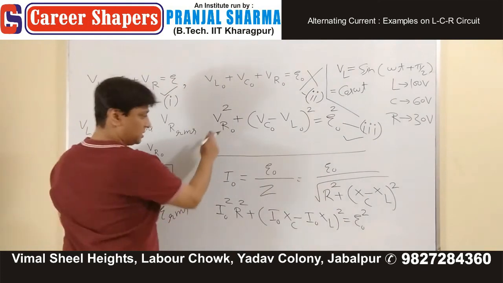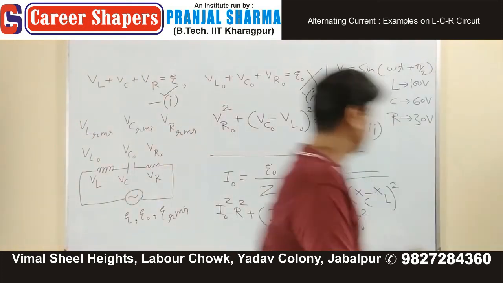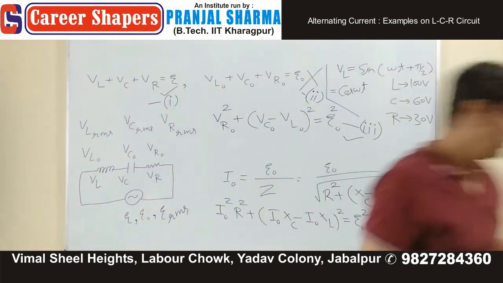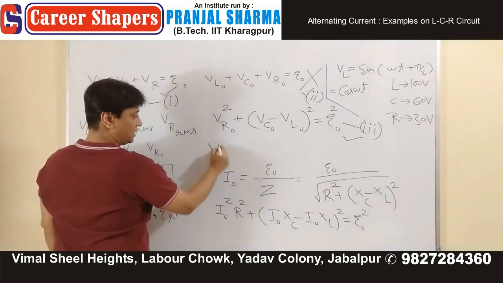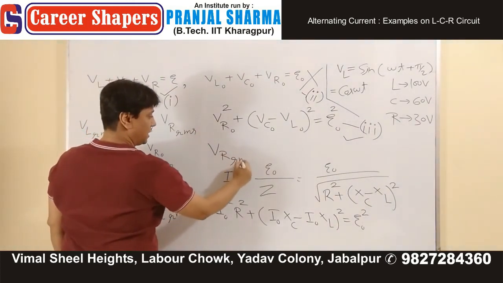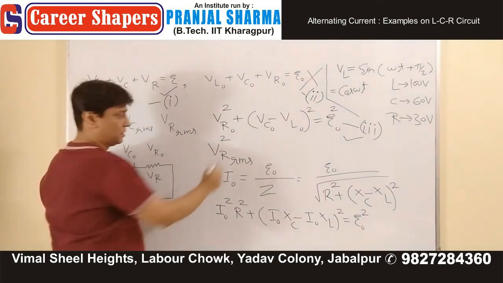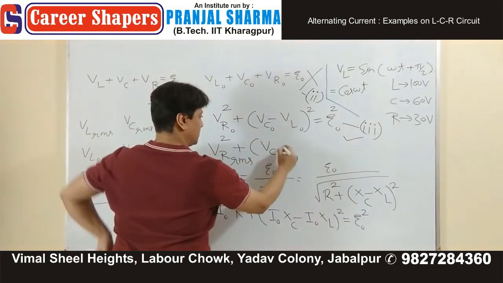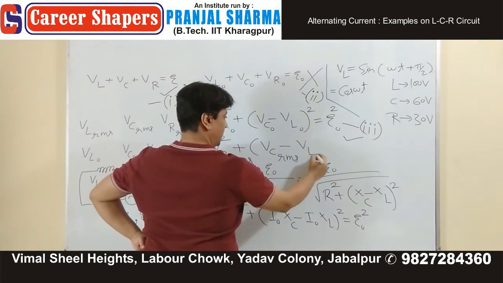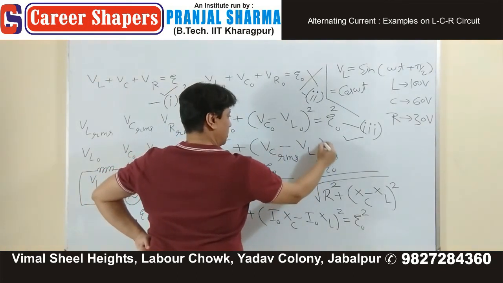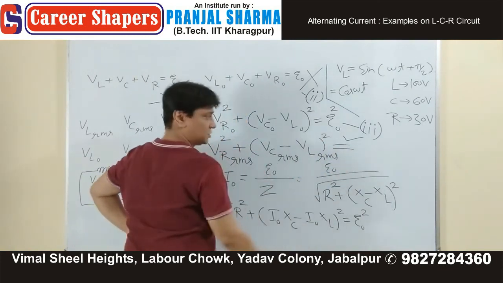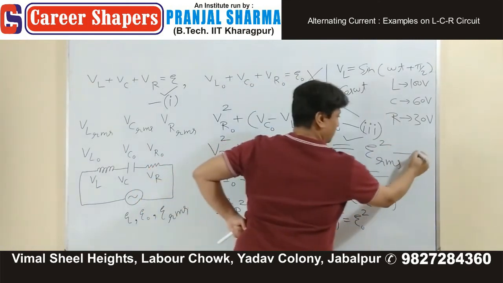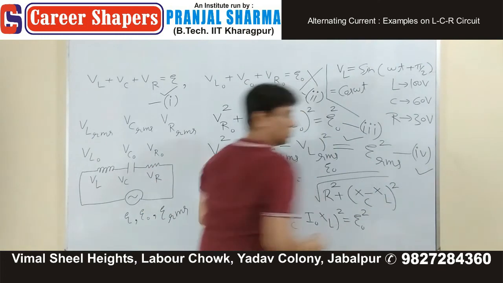So the same type of relation also holds for RMS values, which is VR RMS square plus VC RMS minus VL RMS whole square equals E RMS square. Fourth relation, which is also correct.